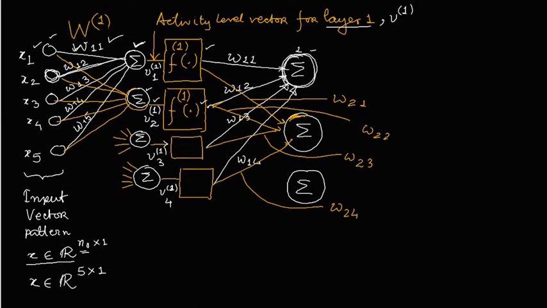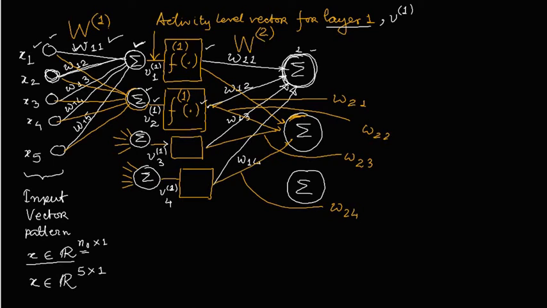Now to differentiate from this first set of weights, which is giving this weight matrix, from these weights, we'll be using a different superscript. So here, this whole set of all the weights will be represented as a matrix with a superscript 2.